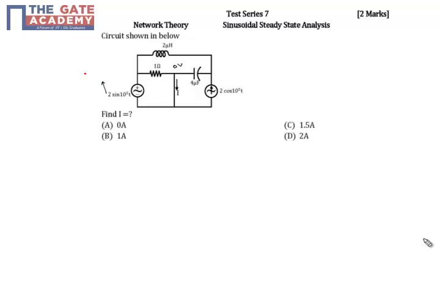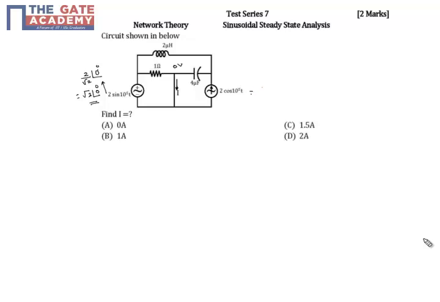So this I can represent in phasor notation with its RMS value, that is 2 by root 2 at an angle of 0 degrees. So that means this is equal to root 2 at an angle of 0 degrees. So the voltage here is also root 2 at an angle of 0 degrees. Similarly I will convert this also into phasor notation.